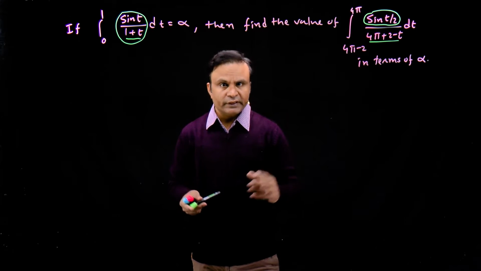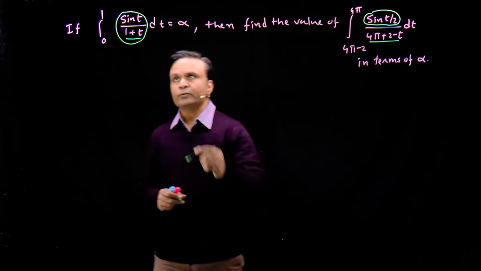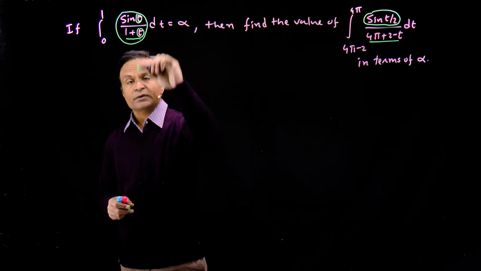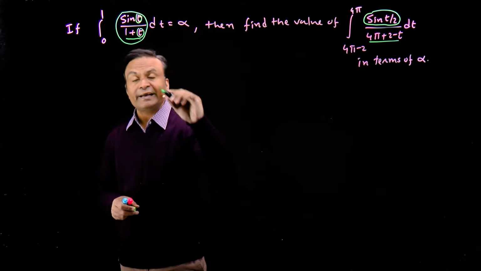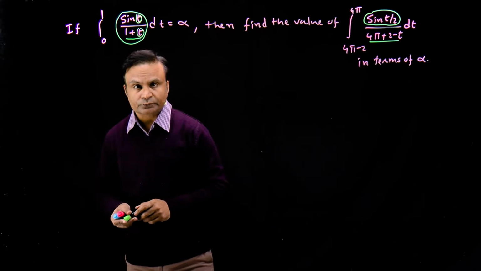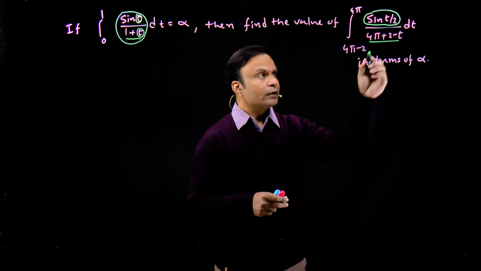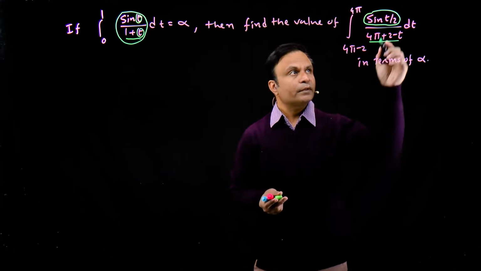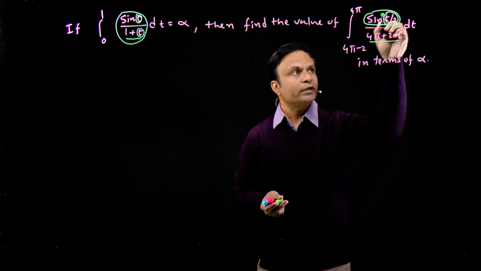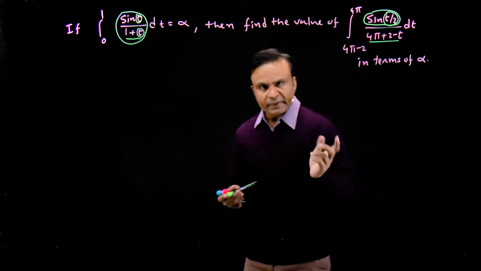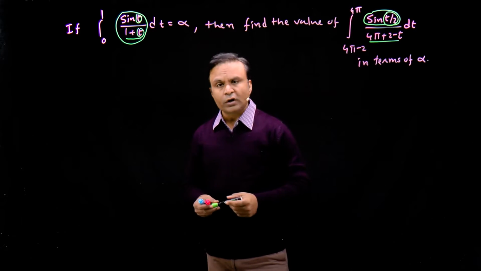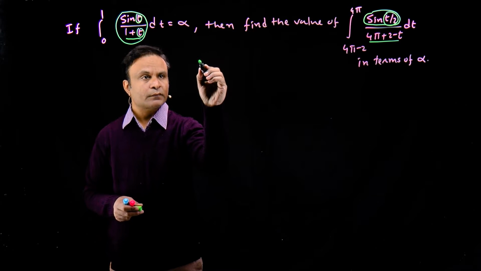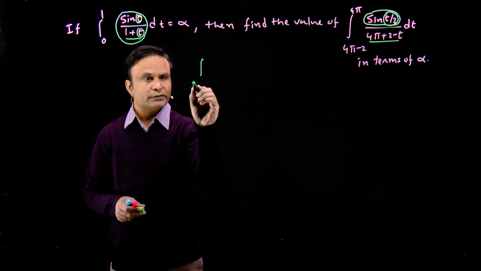To match the DNA of the functions, here in the numerator and denominator we have t. So similarly, we must have t by 2 in the denominator, because here we have t by 2 in the numerator. So what is my first step? I will take 2 common from the denominator. So this integration is like this.